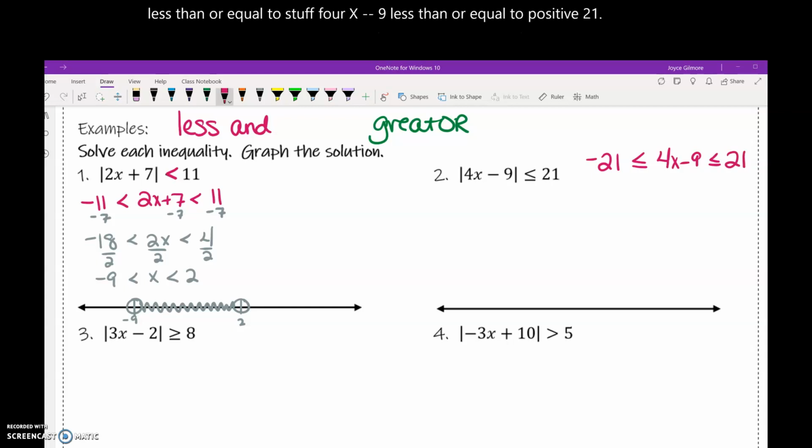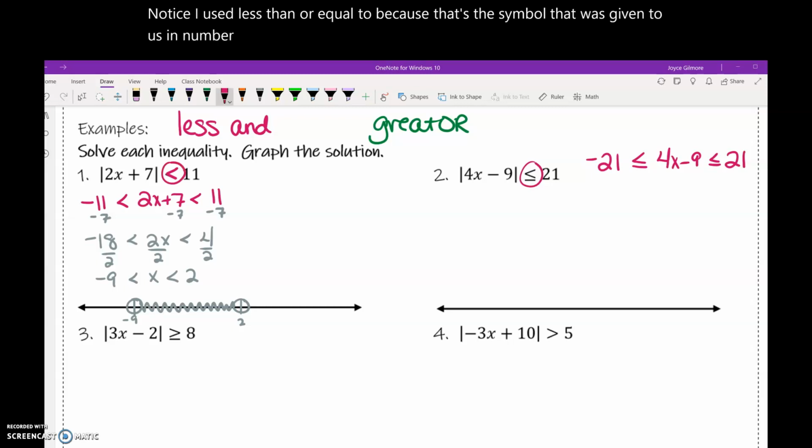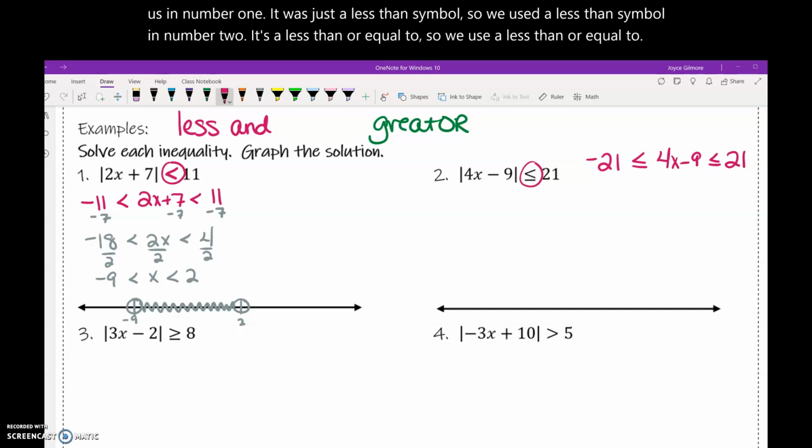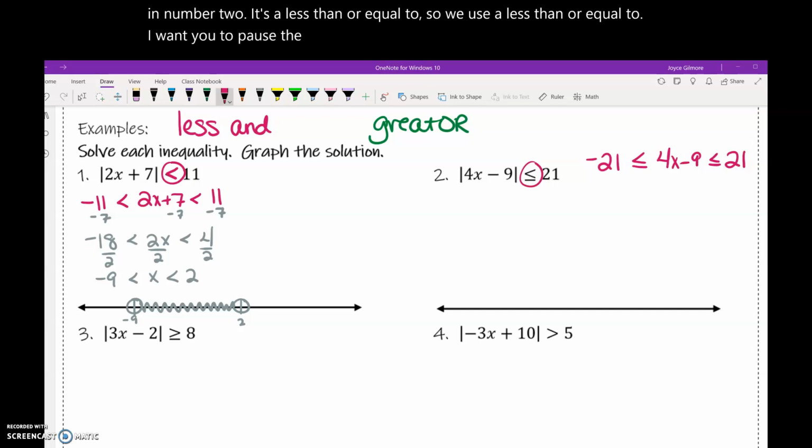Notice I used less than or equal to because that's the symbol that was given to us. In number 1, it was just a less than symbol, so we used a less than symbol. In number 2, it's a less than or equal to, so we use a less than or equal to. I want you to pause the video and finish solving this 3-part inequality on your own and try to graph it while you're at it.